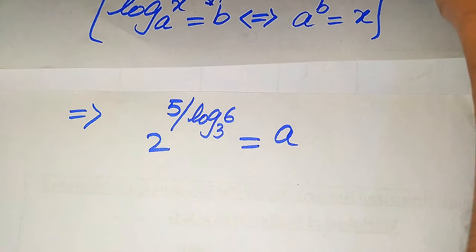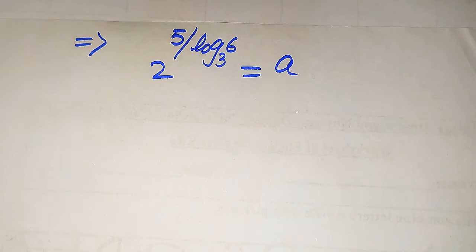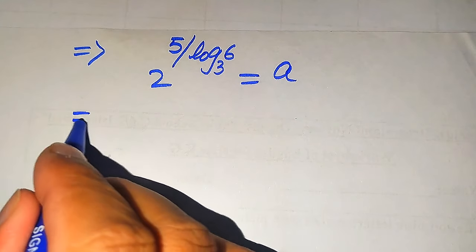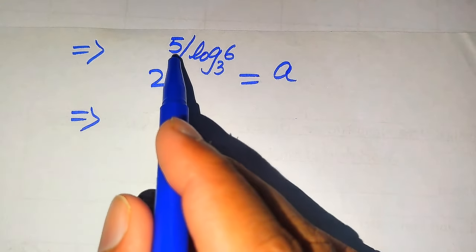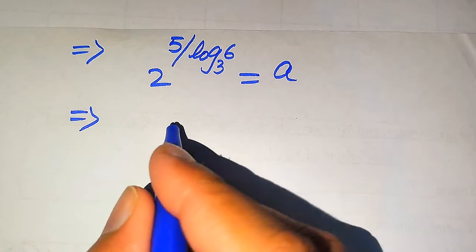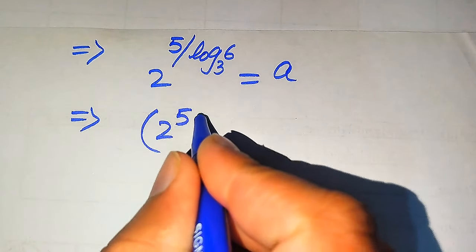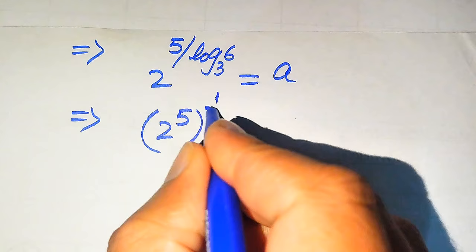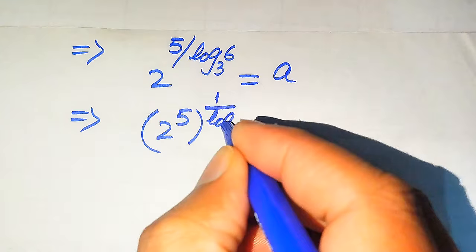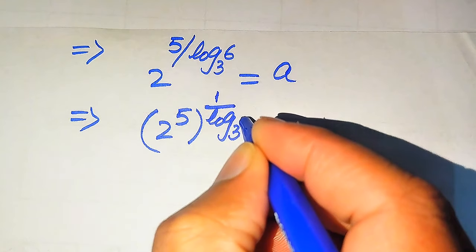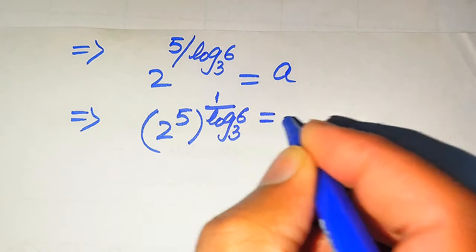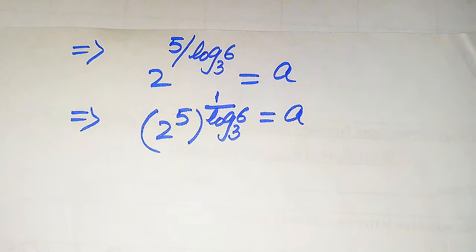Okay, so here we need a little bit of simplification. Now we move this 5 inside the term, and it will be written as 2 to the power of 5, and its whole power is 1 divided by log of base 3 and 6 is equal to a.